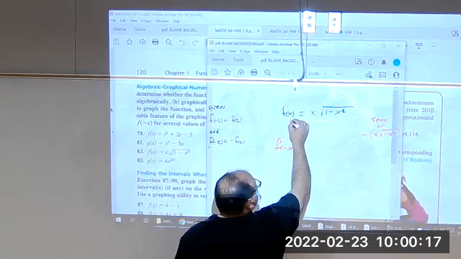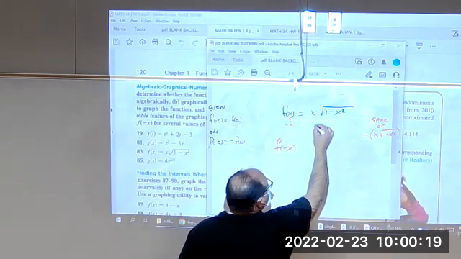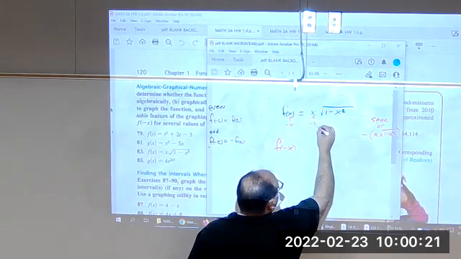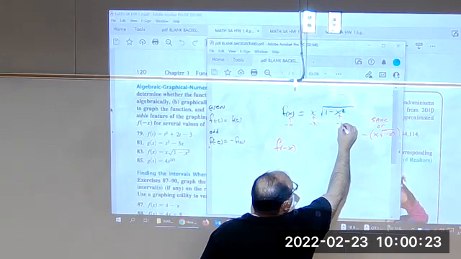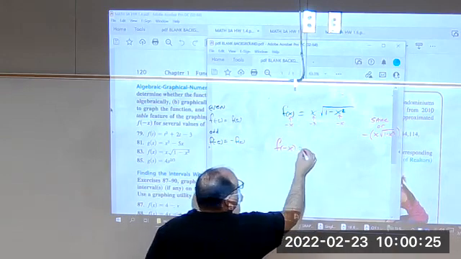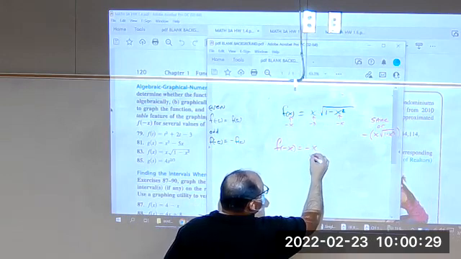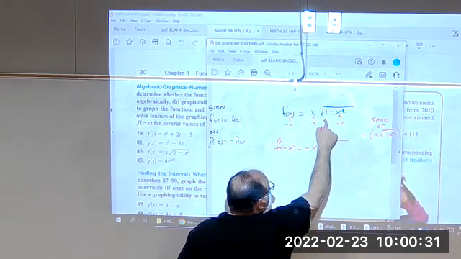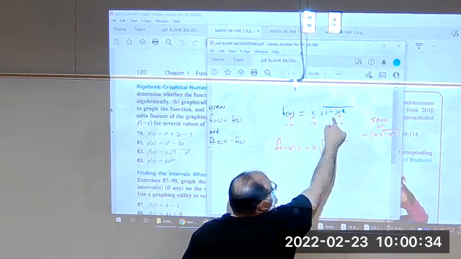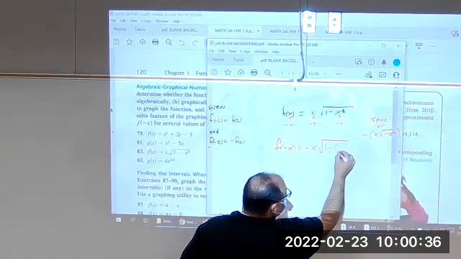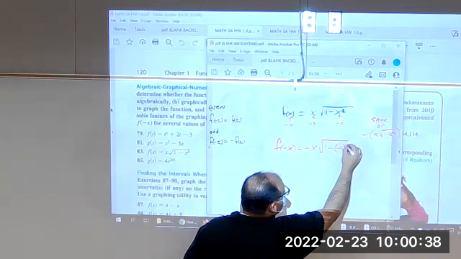So I'm going to replace these x's with a negative x instead. So that gives me this x is now a negative x. Square root 1 minus this x squared, so parentheses, is now a negative x, and you're going to square it.